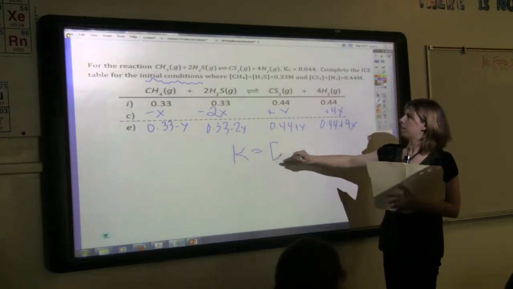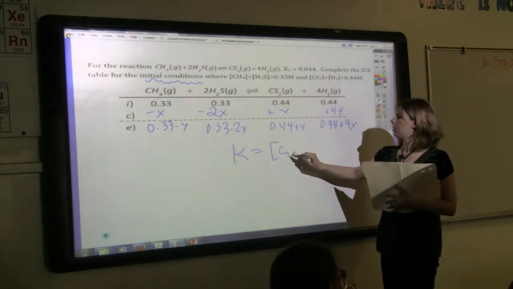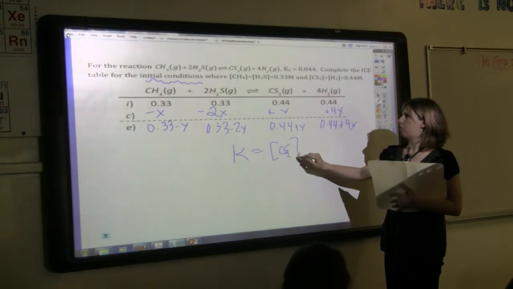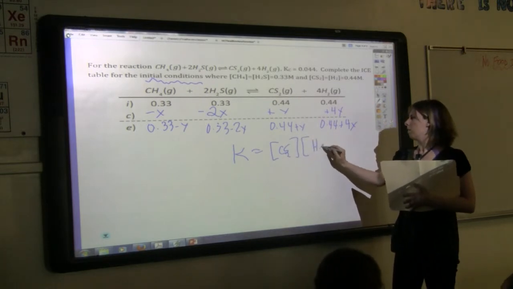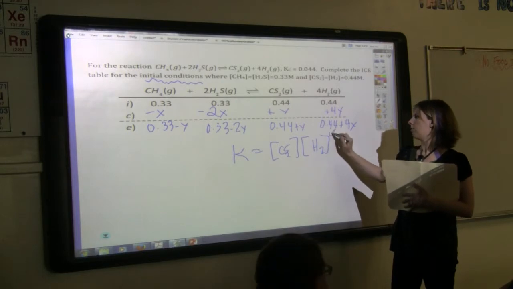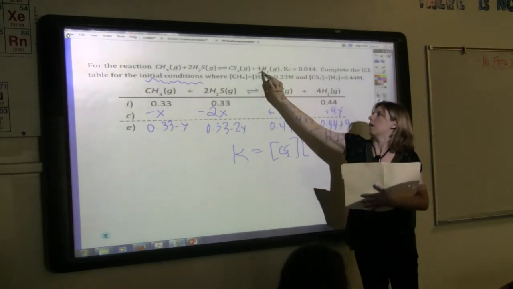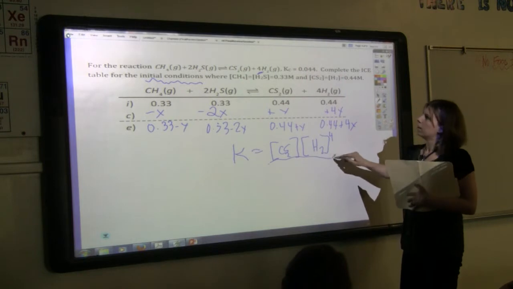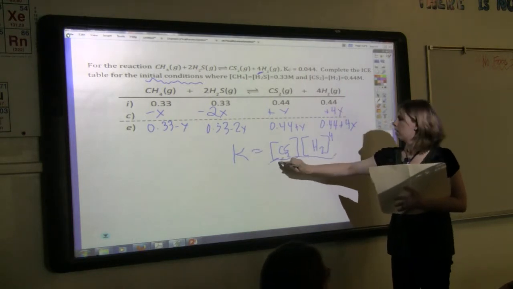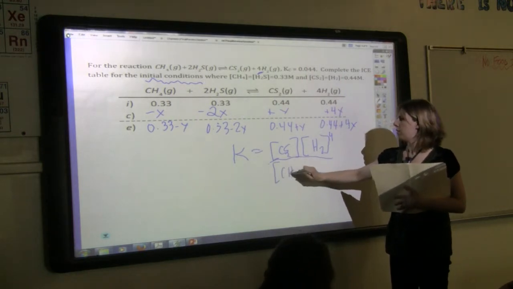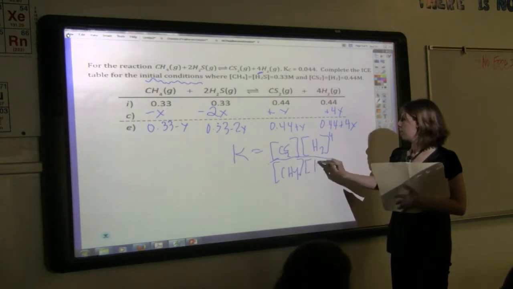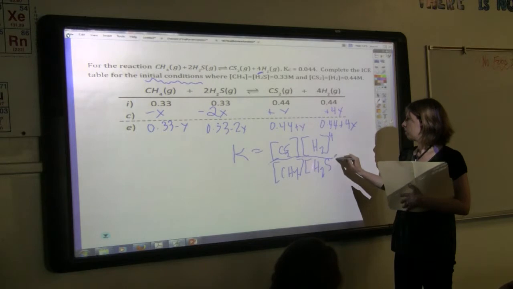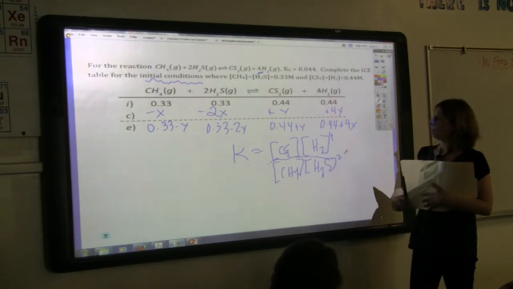Yep, products over reactants. So we have the concentration of CS2, which has no coefficient, over the concentration of H2 to the fourth, so it has a 4 there, divided by the concentration of our CH4 times our H2S to the second.